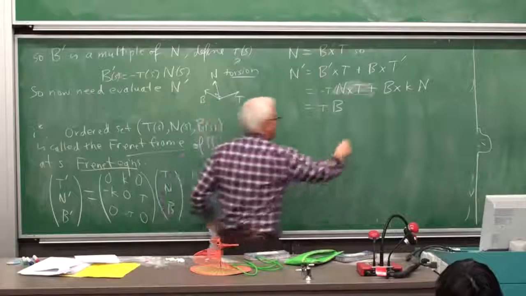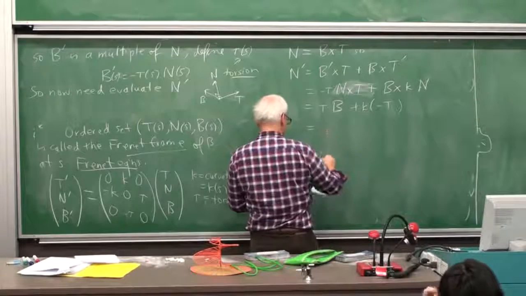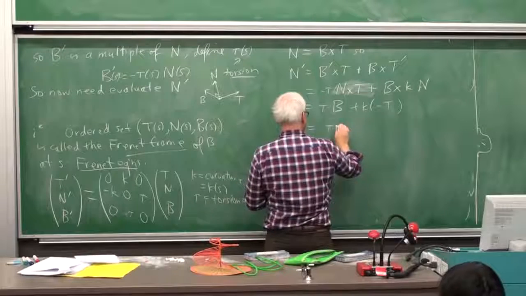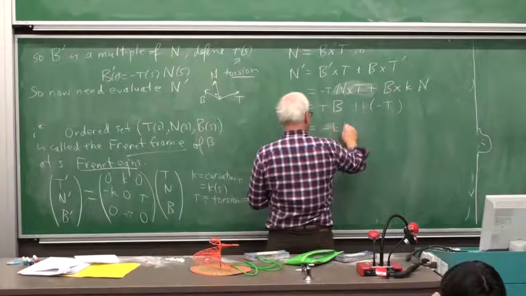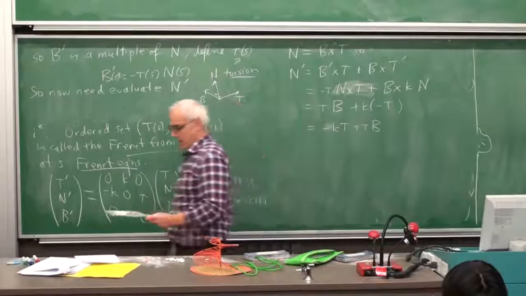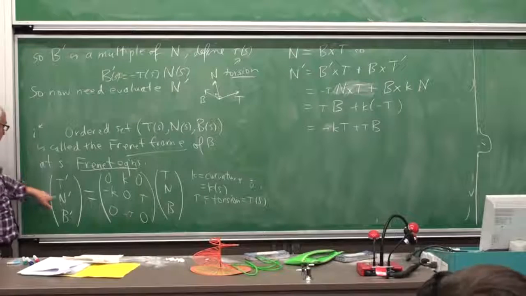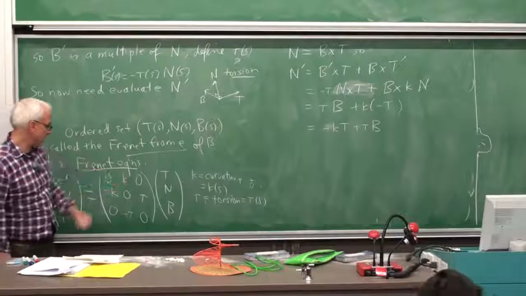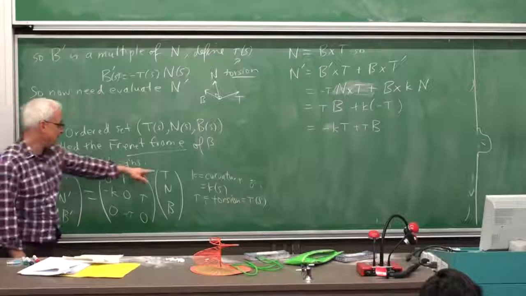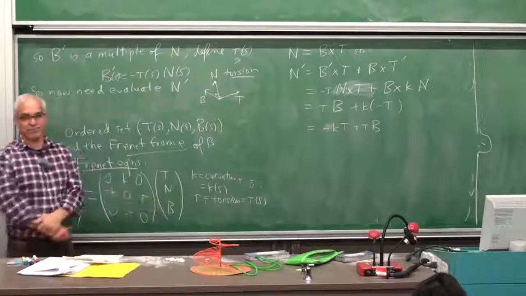Yes. So plus K times minus T for a total of minus KT plus tau B. And that is our second equation in the Frenet equations. That tells us that N prime is minus K times T plus 0 times N plus tau times B.